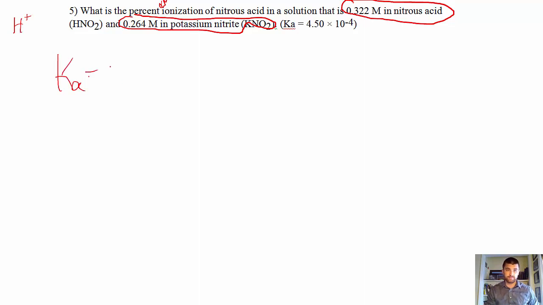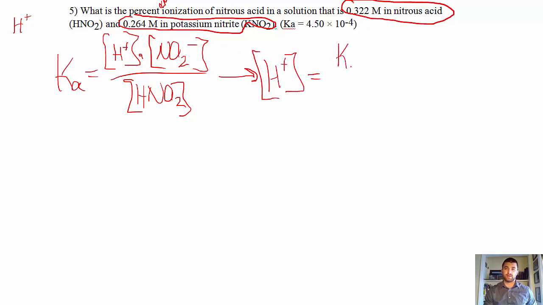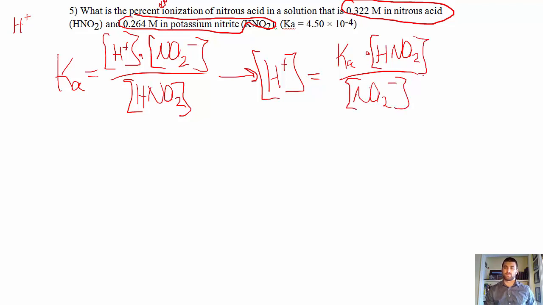So again, I'm going to use the Ka equals the H plus times the NO2 minus all over the HNO2. All right, and molar concentrations for all of that. And again, I got to find H plus by itself, so I do some algebra. I get H plus concentration is going to equal the Ka times the HNO2 all over the NO2 minus concentration. So now it's plug and chug, right?